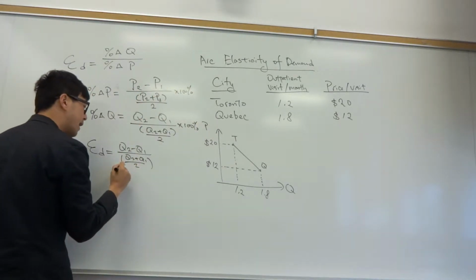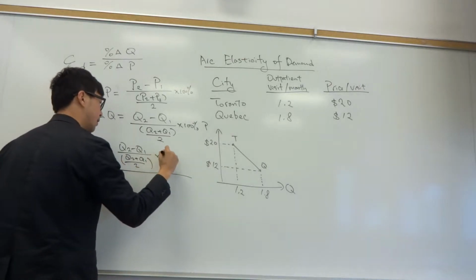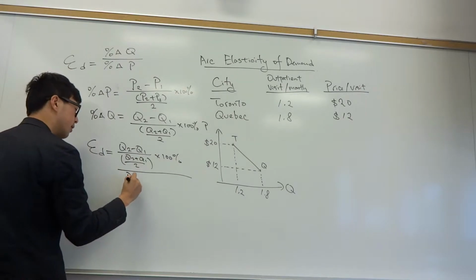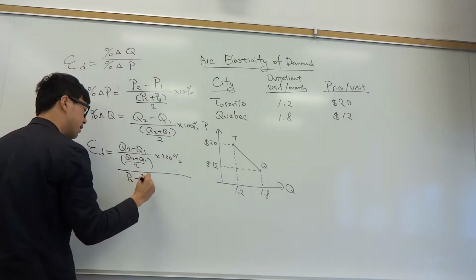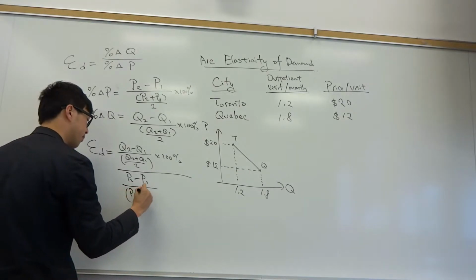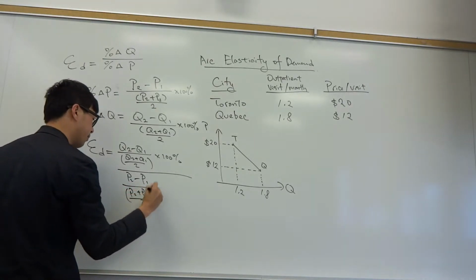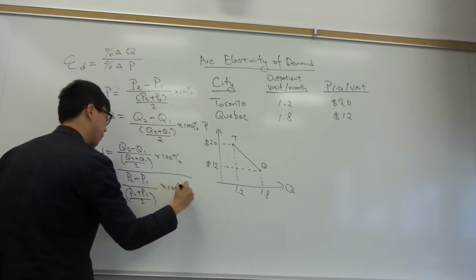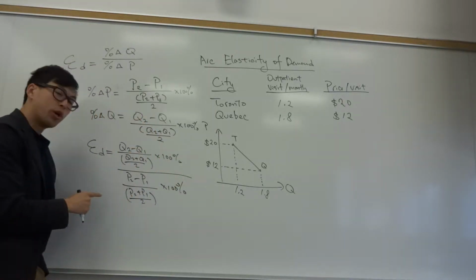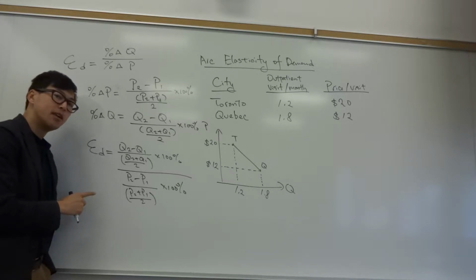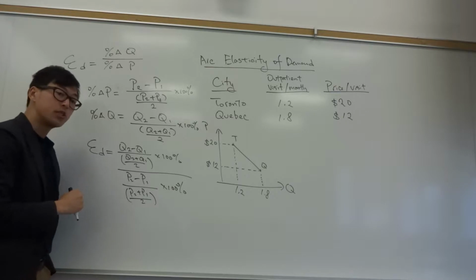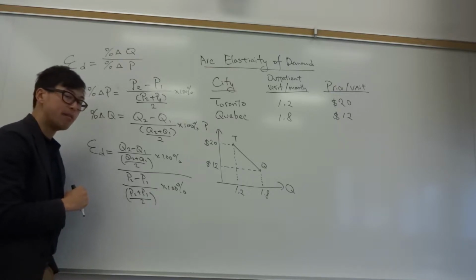And divided by the price percentage change. So this is basically the full equation for price elasticity of demand using the midpoint rule. This is also what we call the arc elasticity of demand.